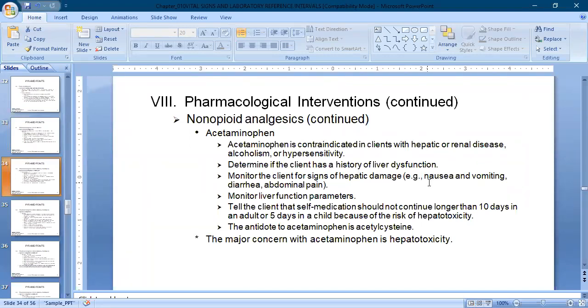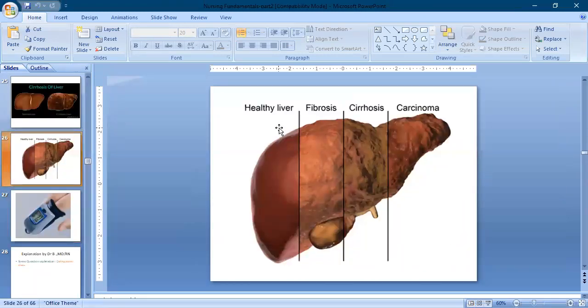See if the patient complains of nausea, vomiting, diarrhea, abdominal pain, or fullness of the abdomen, because the liver is a major organ of metabolism. Consider liver damage like cirrhosis or hepatocellular carcinoma. You can see the picture: this is the healthy liver, and this is the chronic inflammation.